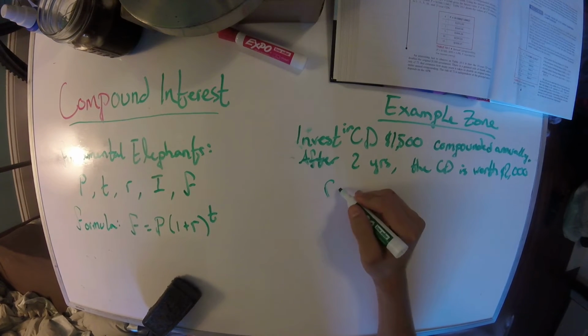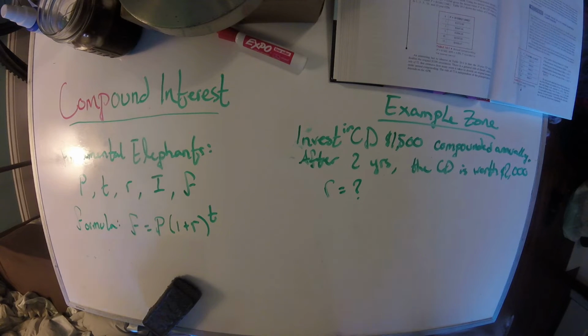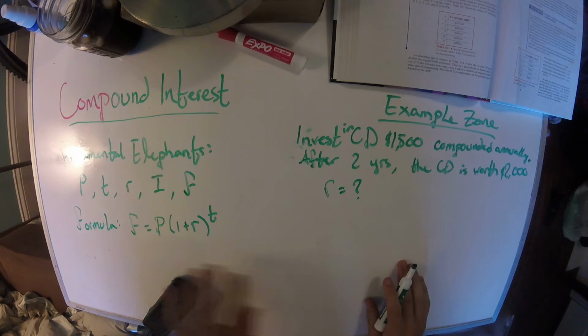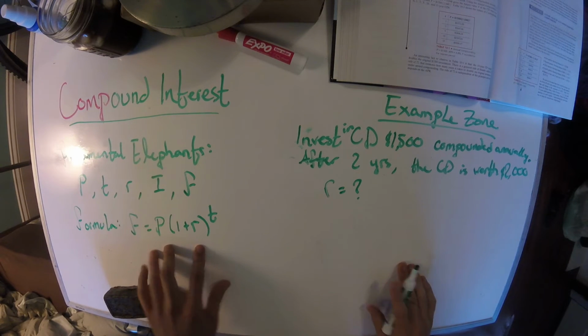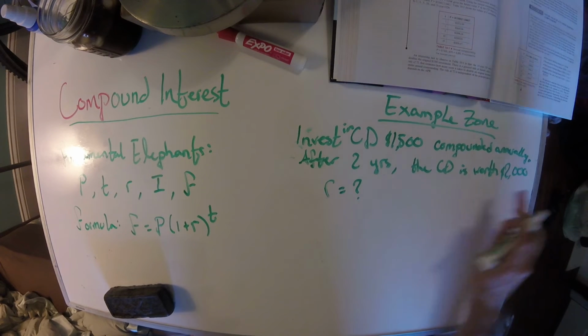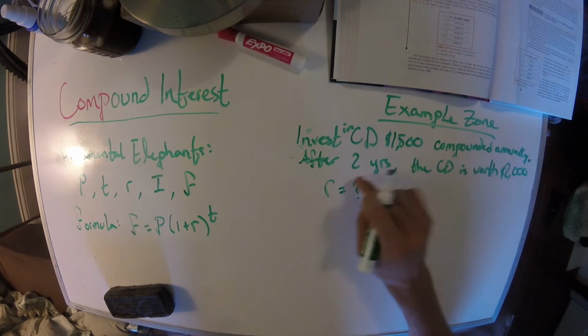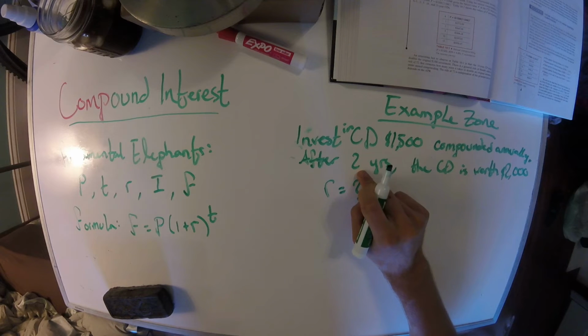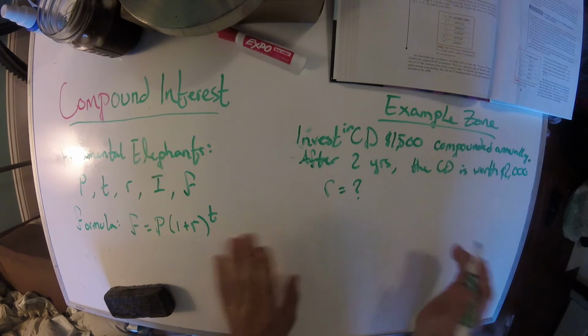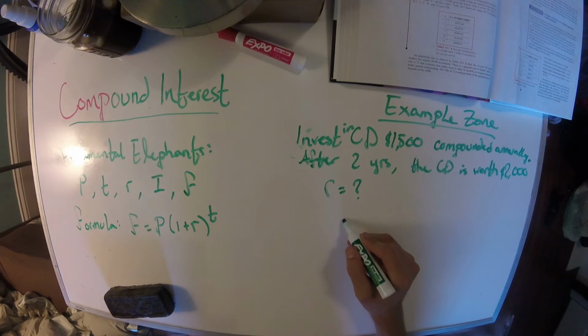Now, what is R? What is our rate? So let's just set up the formula here. So we've got final payout, principal, and our time. And so we can put those all into the equation. So let's go ahead and do that.